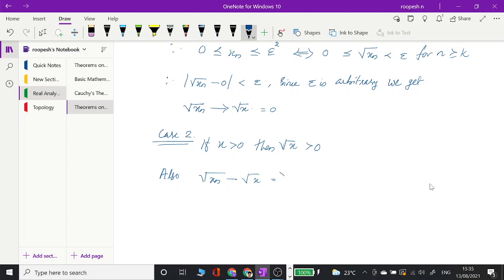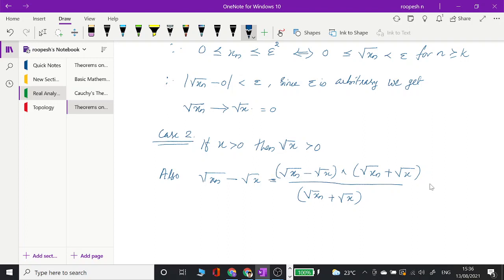Now this can be written as square root of xn minus square root of x, into square root of xn plus square root of x, divided by square root of xn plus square root of x.